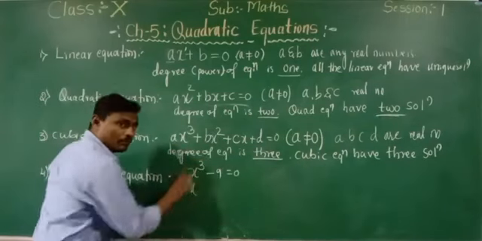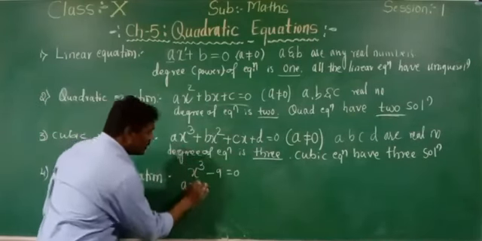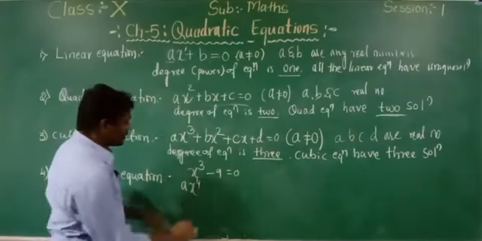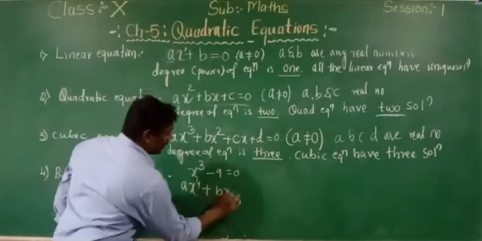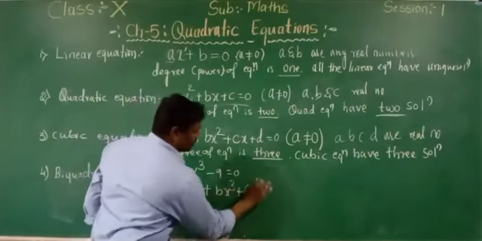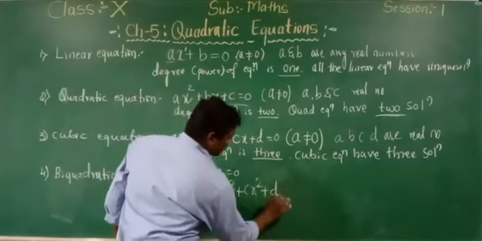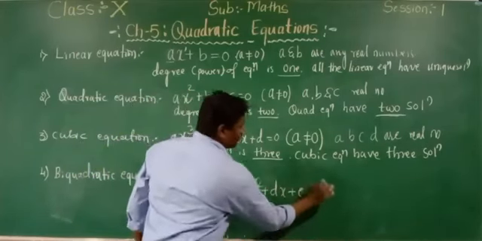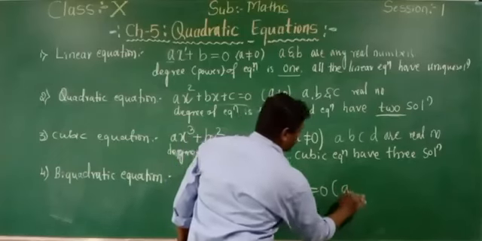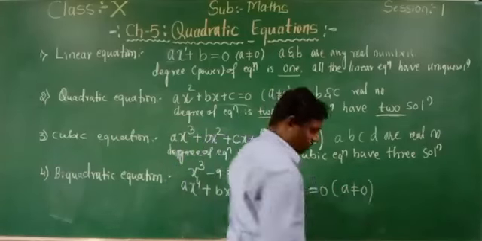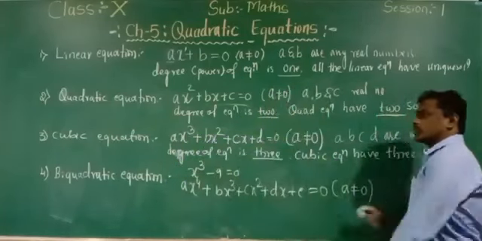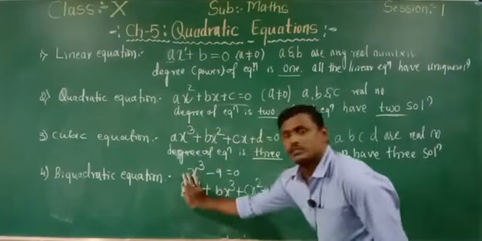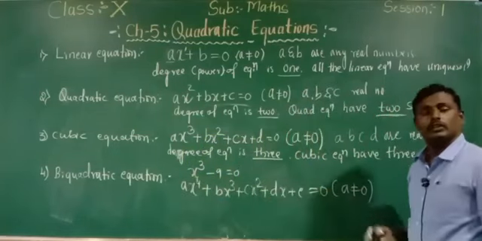The standard form of the biquadratic is a into x raised to 4 plus b x cube plus c x square plus dx plus e is equal to 0. Again here a is not equal to 0. If a is equal to 0, we are getting a cubic equation.